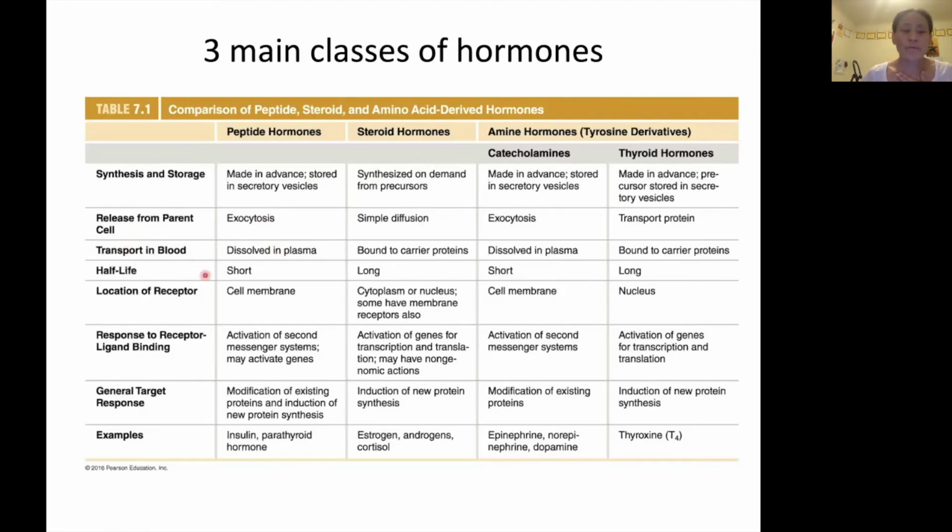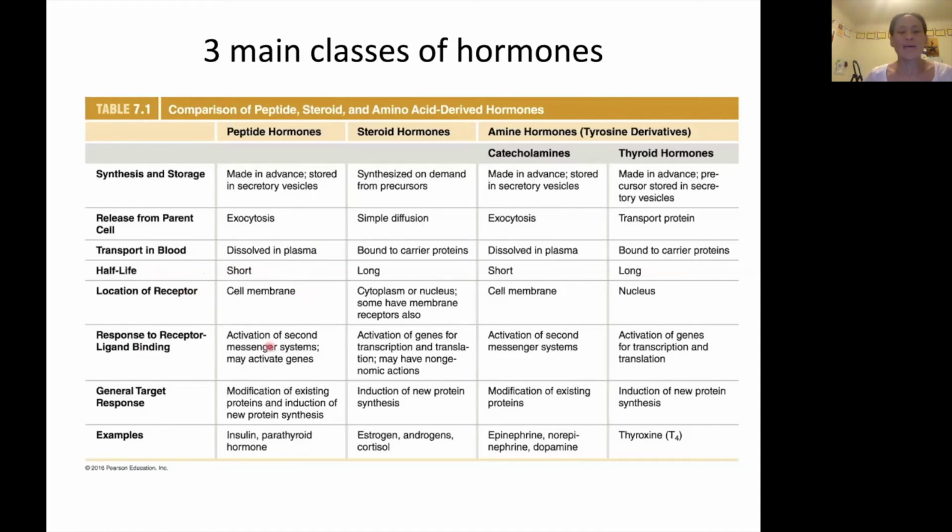The peptide hormones have a short half-life of a few minutes usually. Again, that's because we had those enzymes in the plasma that are going around looking for hormones to break down. They generally bind to receptors on the cell membrane. Again, this has to do with the fact that they're hydrophilic. They cannot just cross that hydrophobic cell membrane, so they're going to have to bind to receptors.